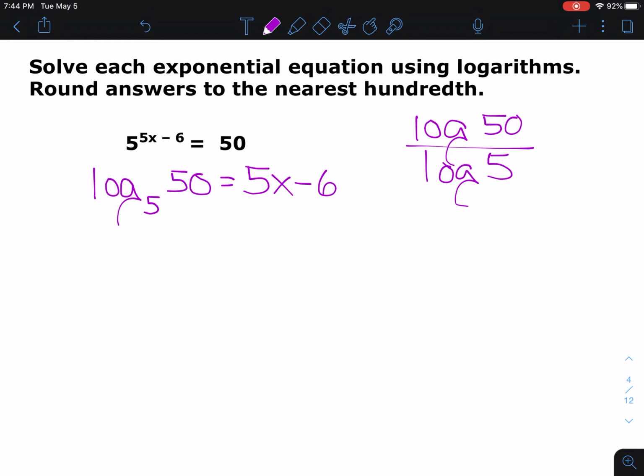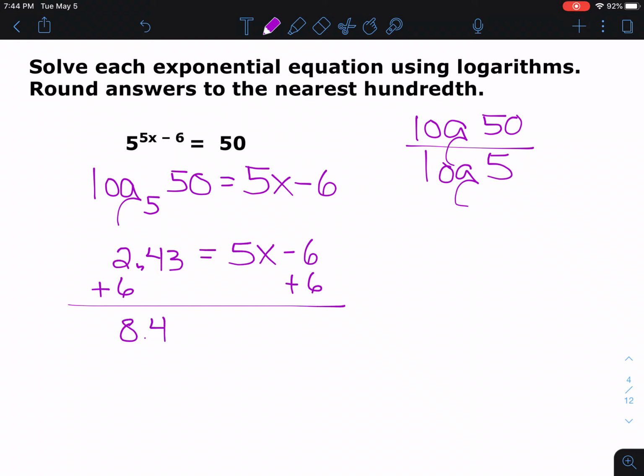All right. So again, this right here is 2.43 equals 5x minus 6. We're going to add 6 to both sides first, solving this two-step equation. I get 8.43 equals 5x.